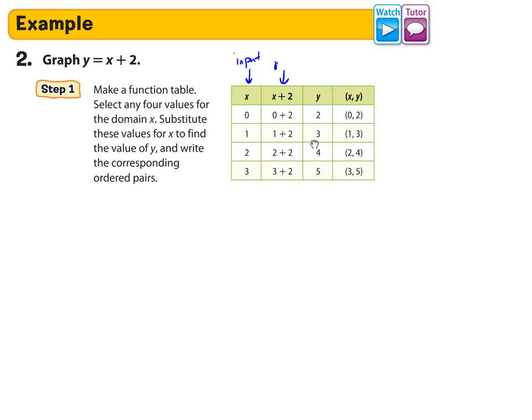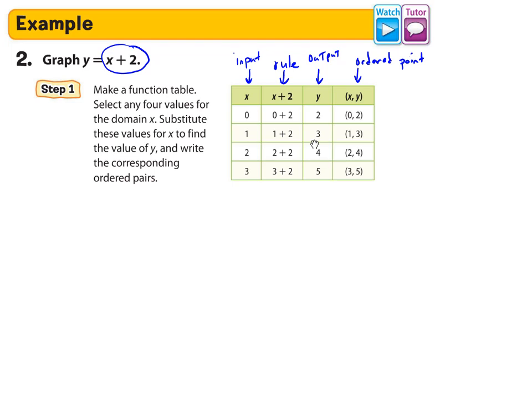We have our rule. The rule comes from the function. And then we have our output. And we have another column over here for our ordered pairs. Remember, to graph any function, you're going to need ordered pairs. So substitute the values for x to find the value of y.